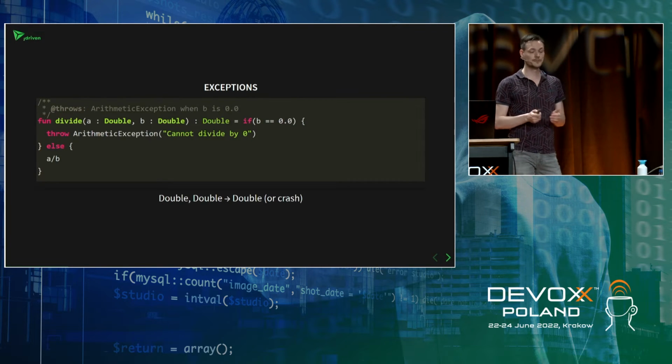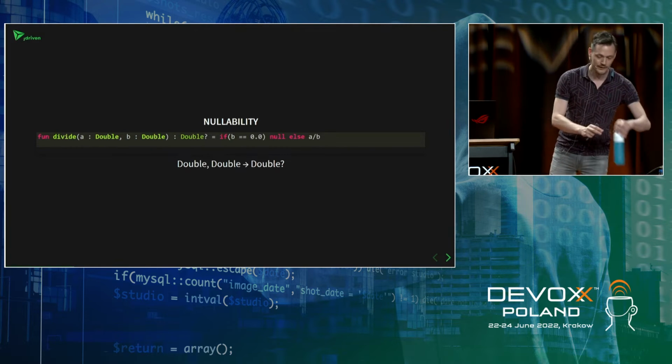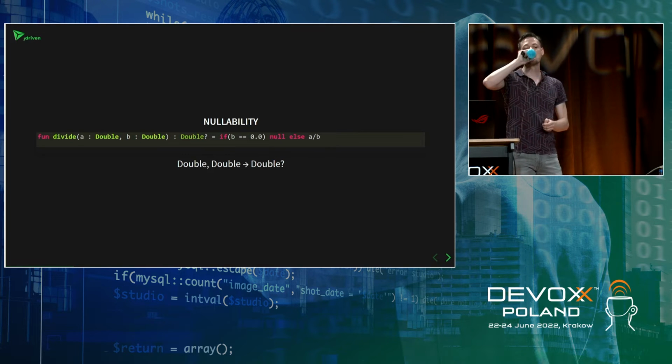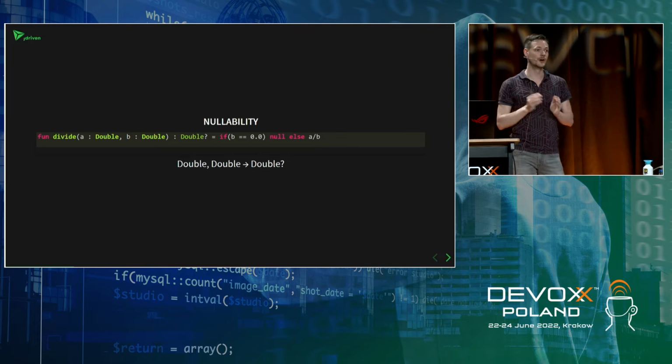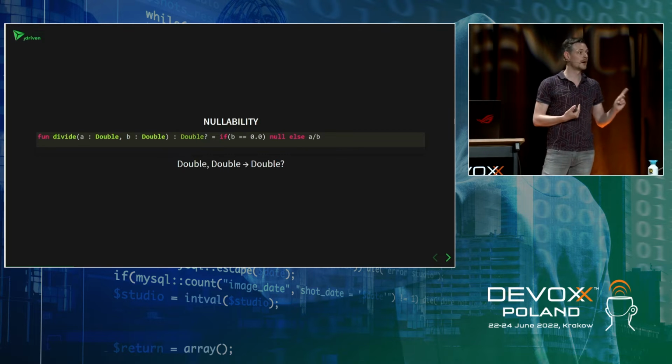Another alternative that's possible in Kotlin is its nullability system. Here we have a signature that, given two doubles, produces a double, question mark. And in Kotlin, a question mark means that that variable can be null, which also means that both A and B cannot be null. The Kotlin compiler will prevent that from happening.